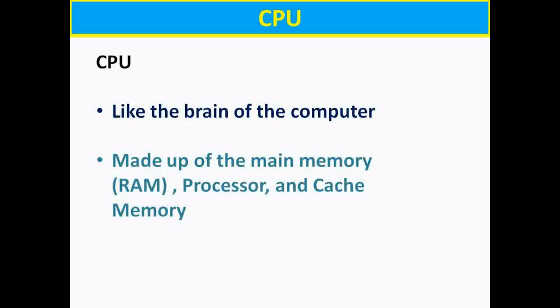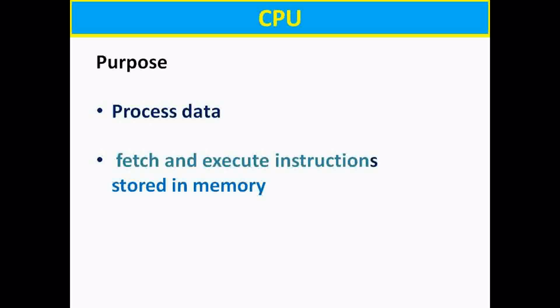So, to quickly recap, the CPU is like the brain of the computer and is made up of the main memory, RAM, random access memory, the processor, and cache memory. The purpose of the CPU is to process data and fetch and execute instructions stored in memory.